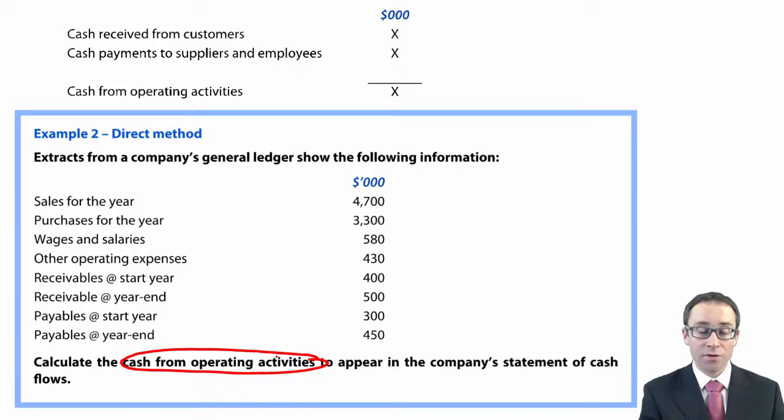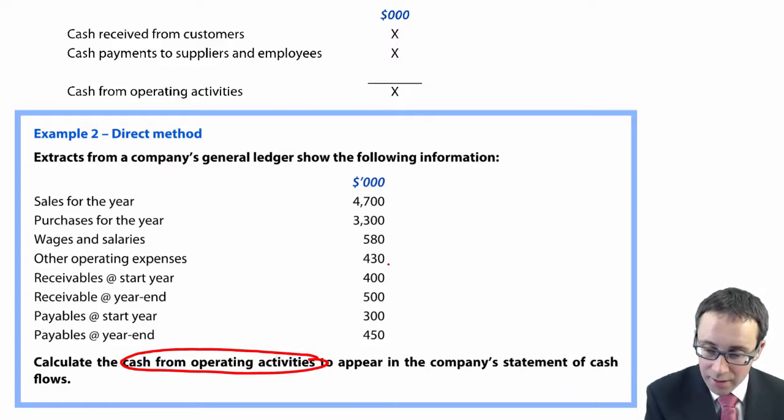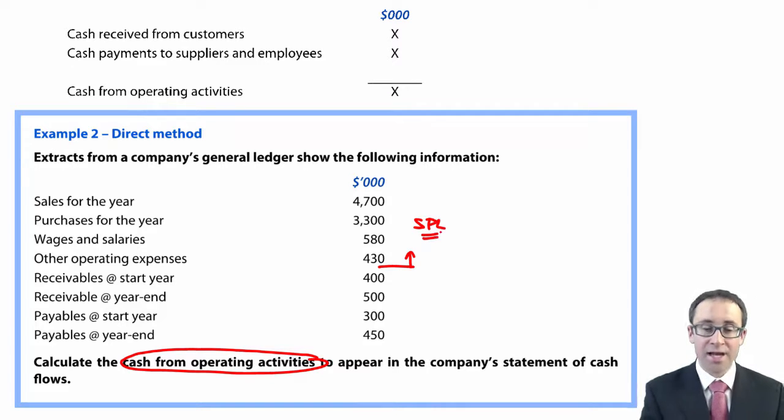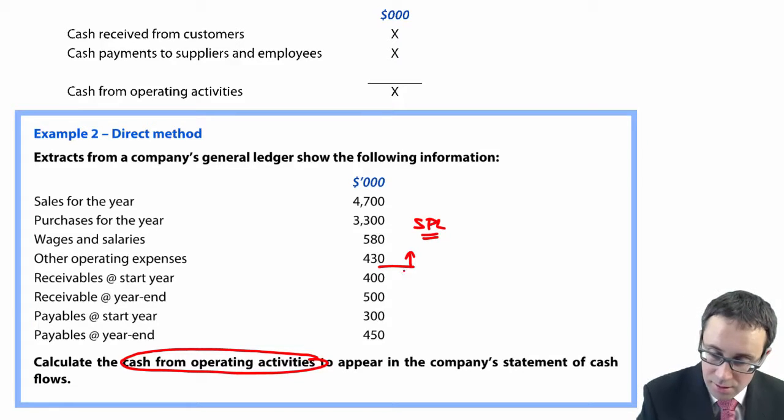You've got some figures at the top straight from your statement of profit or loss: the sales for the year, purchases for the year, wages and salaries and other operating expenses.